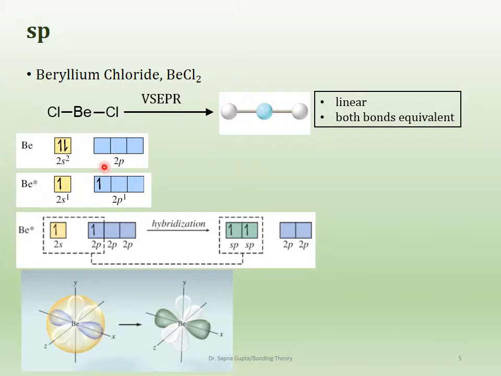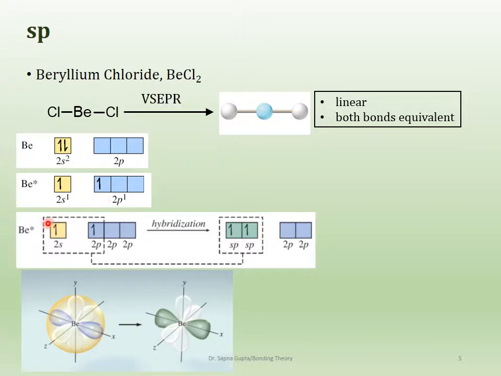So what happens then is the excited state during bonding when electrons start jumping around. In the excited state of beryllium, one electron will jump from the s orbital to the p orbital. It can jump into the p orbital only because it is empty. If it was not empty, there would be no space for it to go. So this is empty, and one electron jumps from s to p.